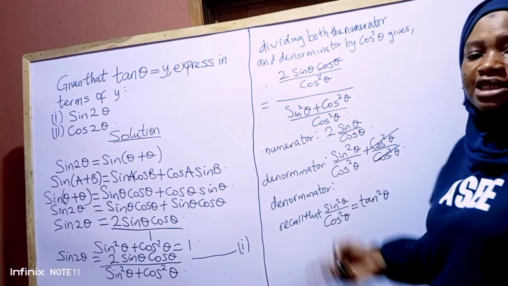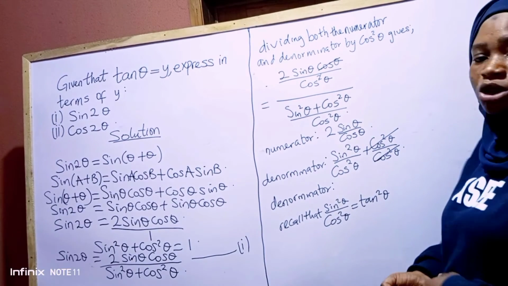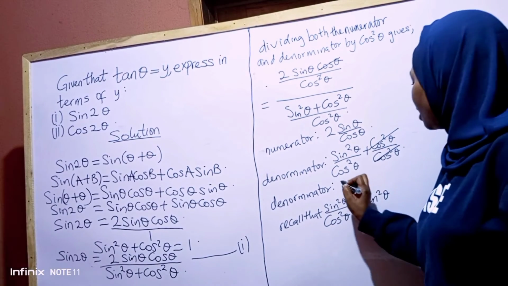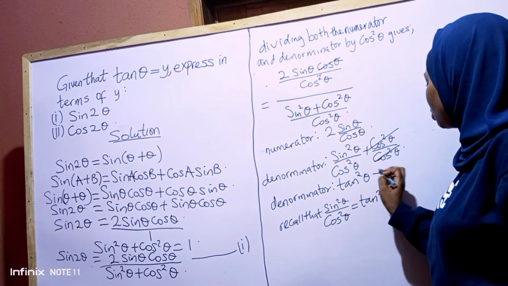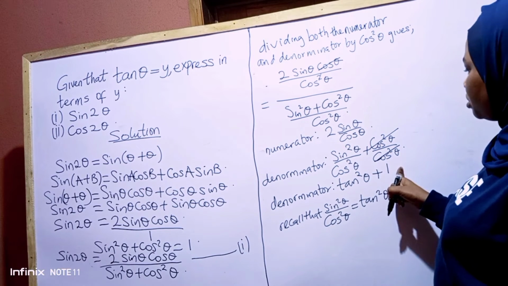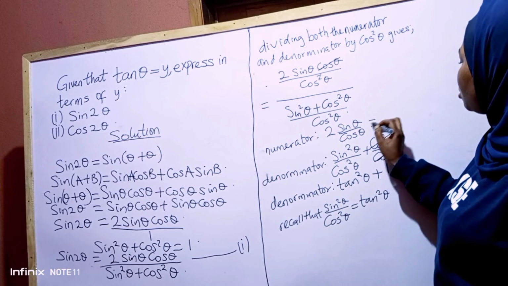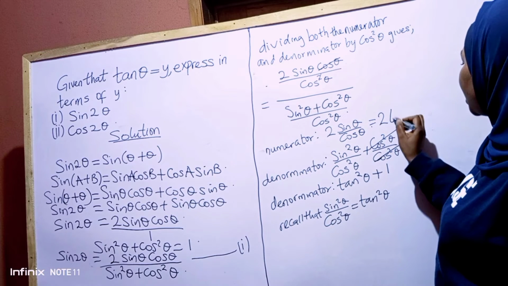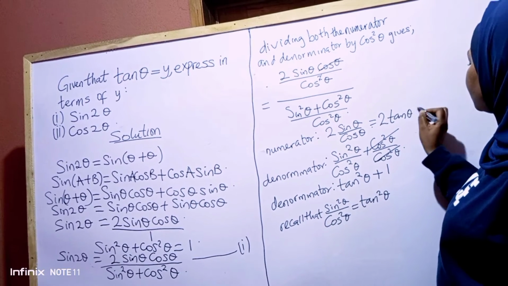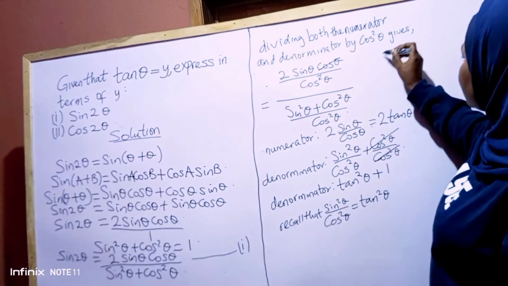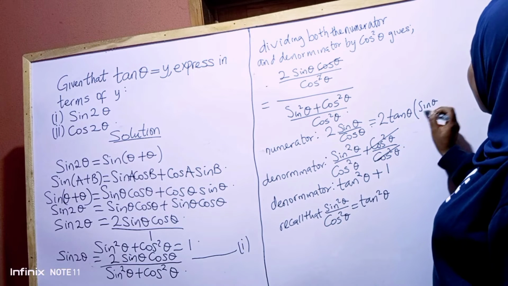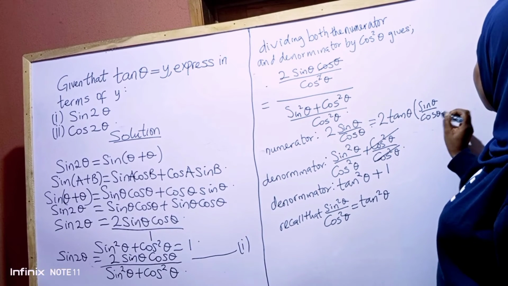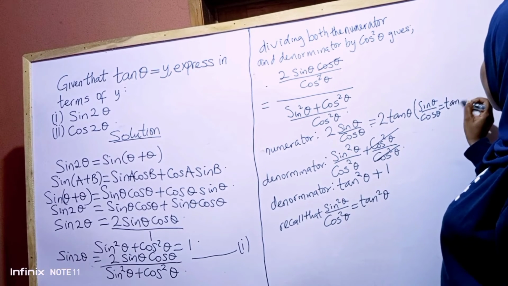So anywhere I see sine squared theta over cos squared theta, I'm going to put tan squared theta. So I have tan squared theta plus 1. That is the denominator. Now numerator, I have 2 tan theta, since sine theta over cos theta is equal to tan theta.